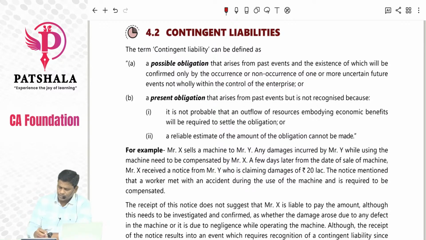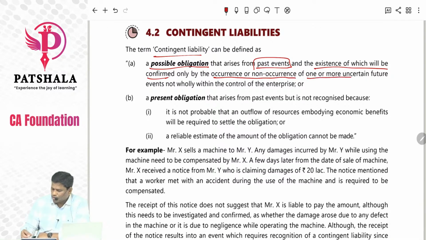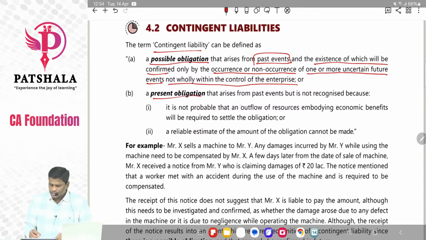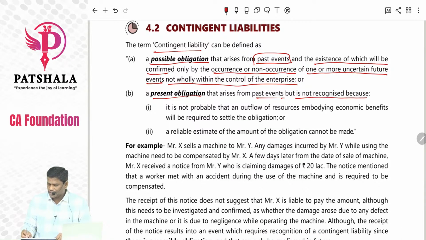Contingent liability can be defined as a possible obligation that arises from past events, the existence of which will be confirmed by occurrence or non-occurrence of one or more uncertain future events not within the control of the enterprise. It is a present obligation that arises from past events and is not recognized because it is not probable that an outflow of resources embodying economic benefits will be required to settle it, and a reliable estimate cannot be made.